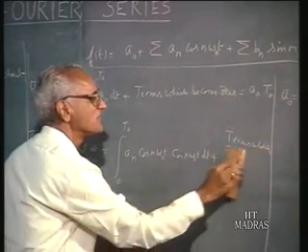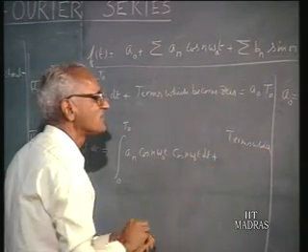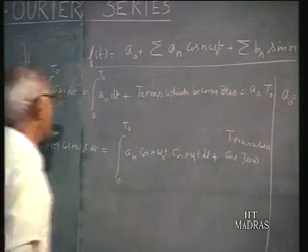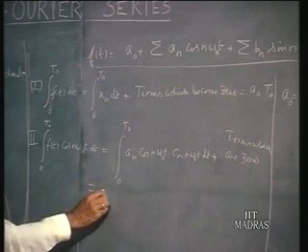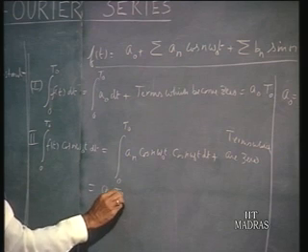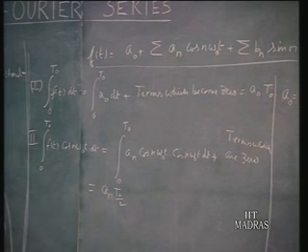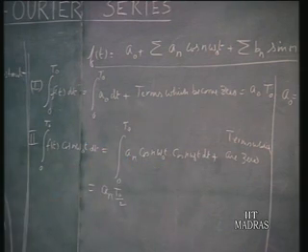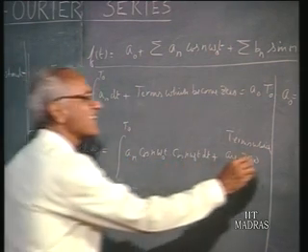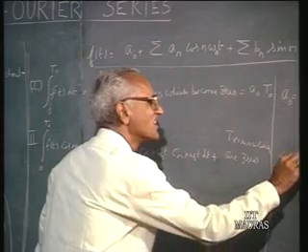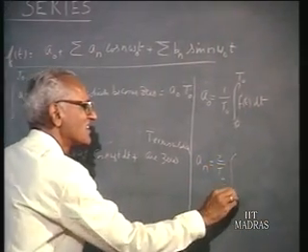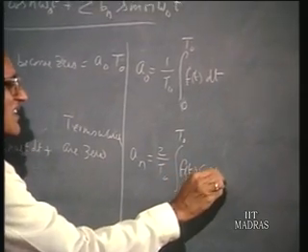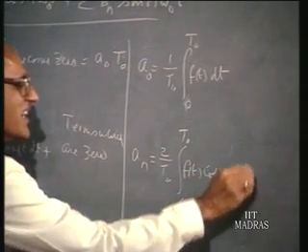So, this will now be a n times t naught by 2, because when both these indices agree, this is t naught by 2. So, you can write this as a n equals 2 upon t naught, integral 0 to t naught f of t cos n omega naught t dt.